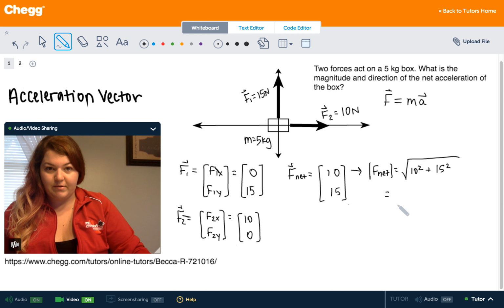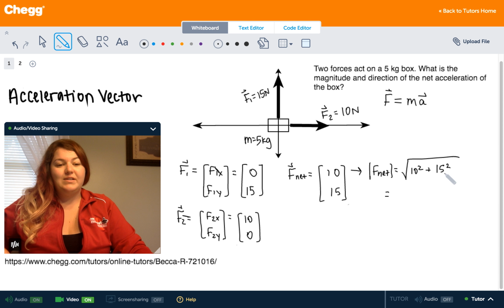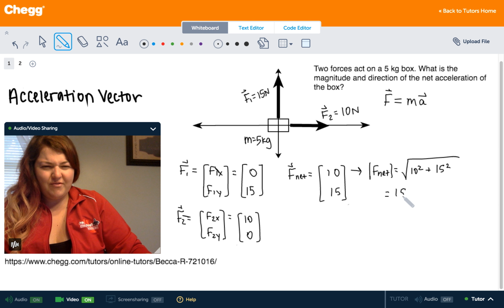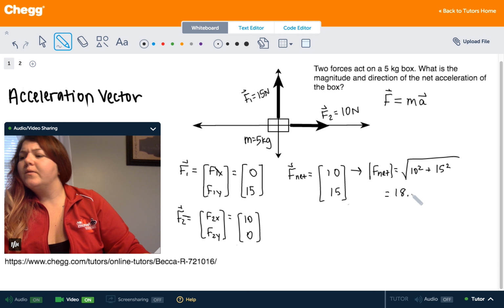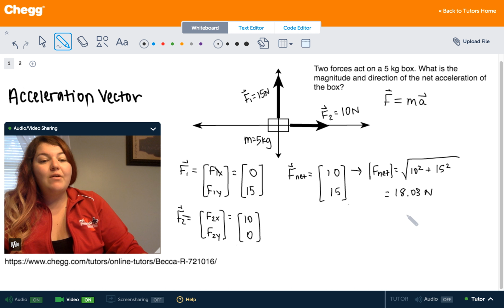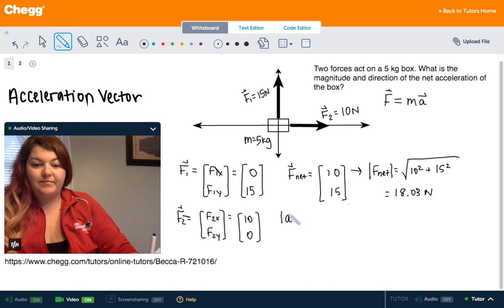That gives us the square root of 325 because 10 squared is 100 and 15 squared is 225. So our total magnitude of net force is going to be roughly, popping that into a calculator, about 18.03 newtons.